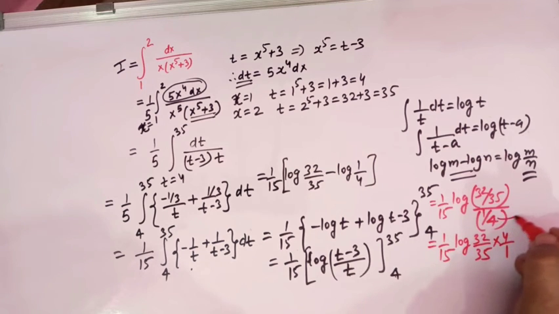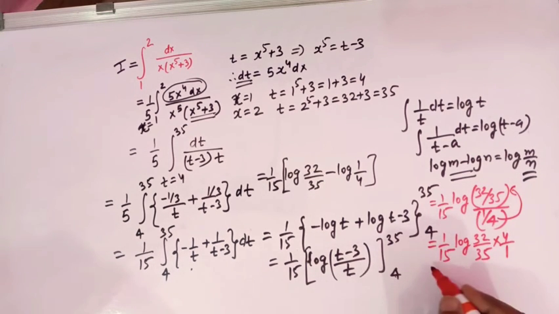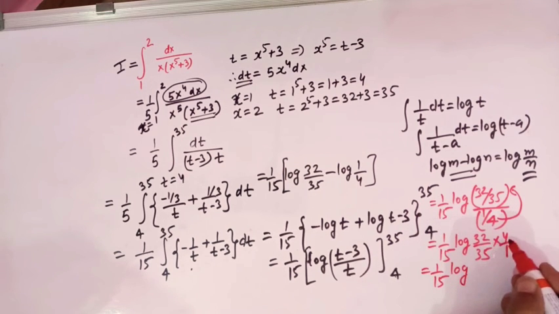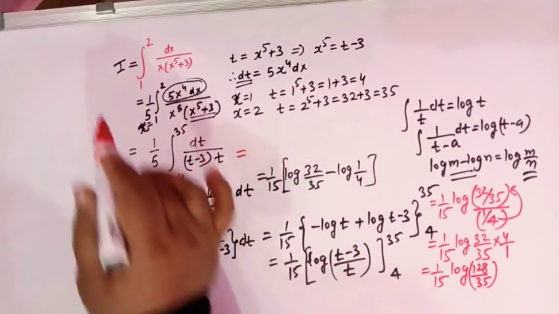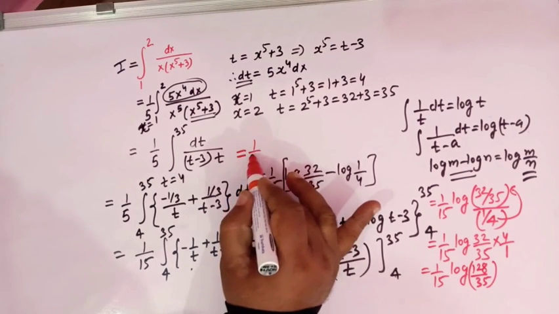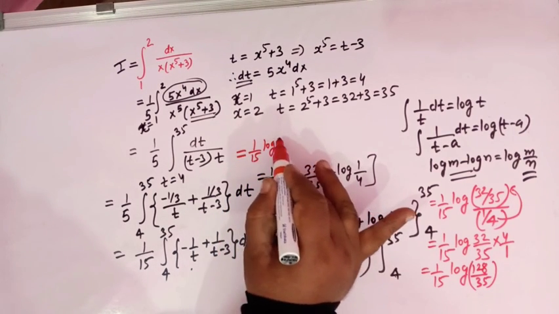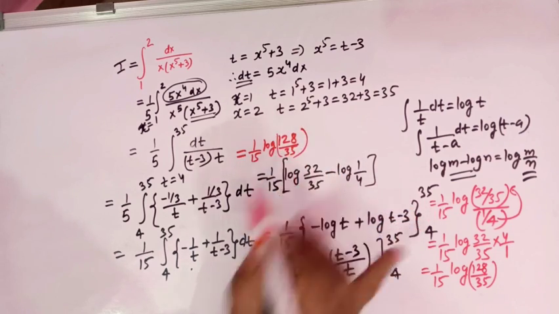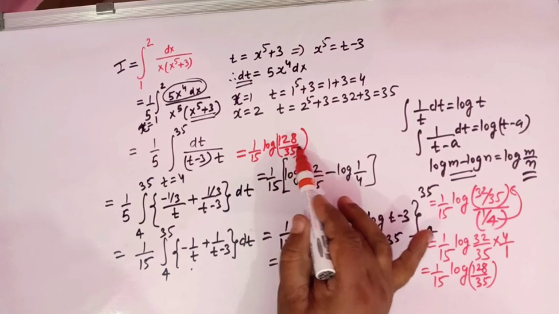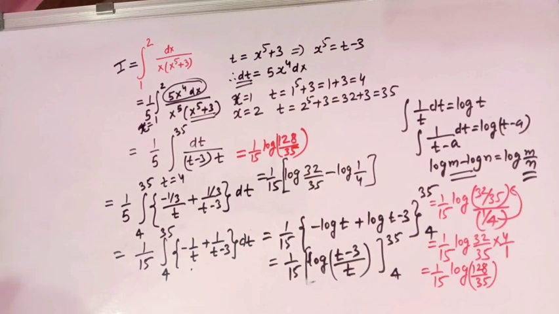We take this 4 to the numerator. So this is 1 over 15 log of 32 times 4, that is 128, over 35. So viewers, the value of this definite integral is 1 over 15 log of 128 over 35. So this is how we solve this definite integral.